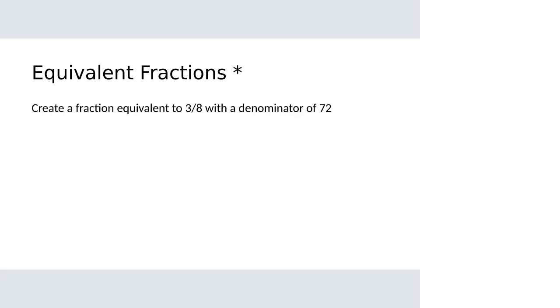So create a fraction that's equivalent to 3/8 that has a denominator of 72. So it has the same value as 3/8, but we've written it so that it has a denominator of 72. We'll go another 20 seconds on this and then we'll talk about it.